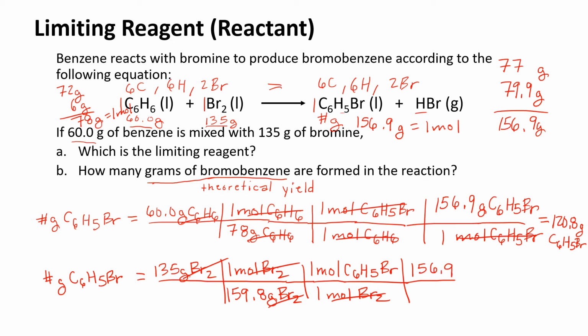It's 156.9 grams of bromobenzene divided by 1 mole of bromobenzene, so that moles of bromobenzene cancels. And so this will equal 132.5 grams of bromobenzene.